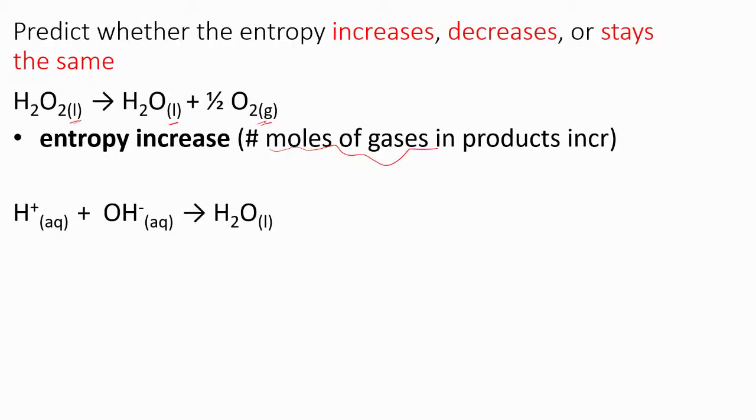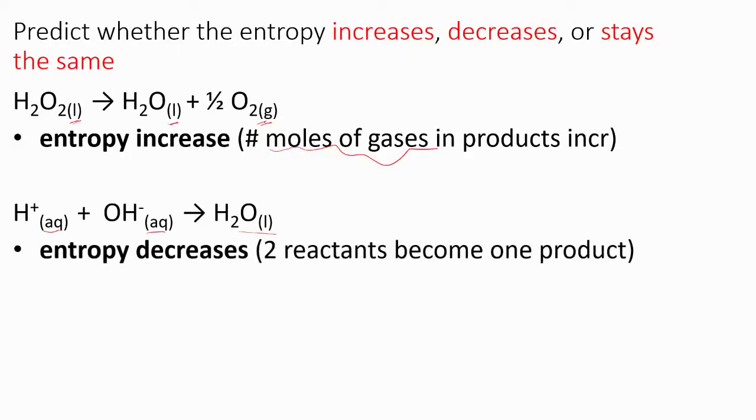All right, in this case, I am taking aqueous hydrogen and aqueous hydroxide ions, and I am making liquid water. So in this case, my entropy decreases because these two reactants join to become a single product. So they go from these ions that are able to float around independently of each other to a compound.